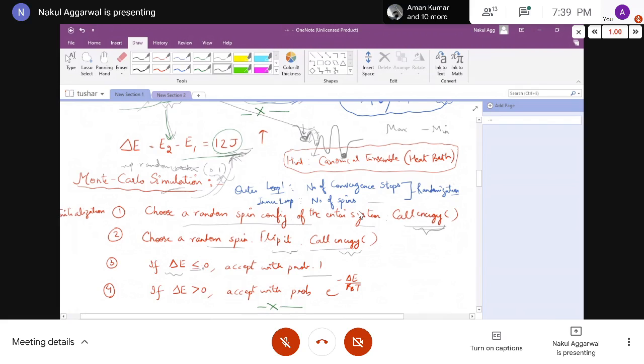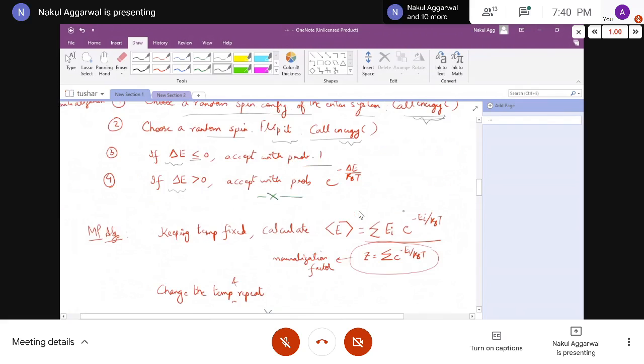Now, if it is equal to 0, which basically means that there has been no change in the energy configuration, you can accept it with probability 1. It's actually just jumping from one identical system to another identical system, so it doesn't matter. And if the energy of the system increases, that means it's a bad state. You do not want to reject it.